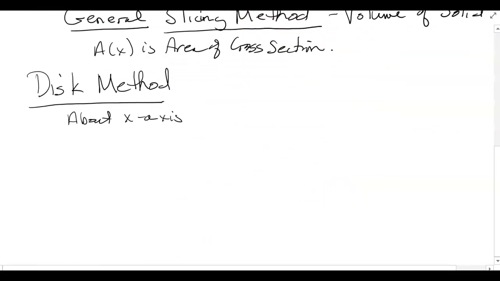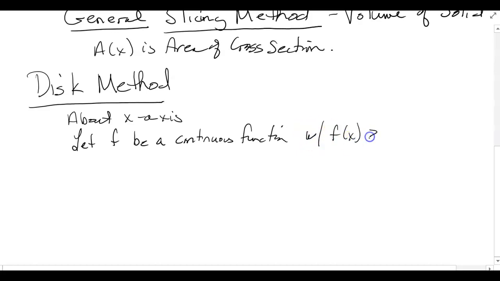So if we're doing the disk method about the x-axis, of course, you're going to let f be a continuous function with f of x greater than or equal to 0 on some interval a to b.